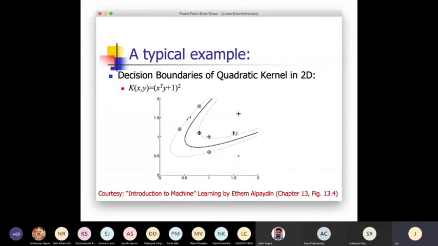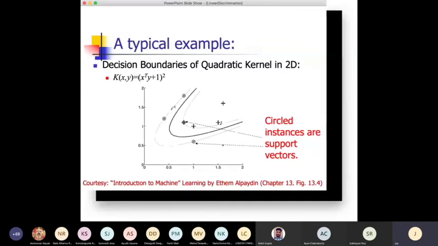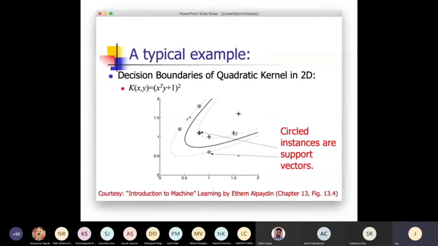The value you get is the kernel value between these two, and those are used in solving the problem. There you can see that effectively it is giving you a kind of parabolic boundaries between the two classes. So it is nonlinear.